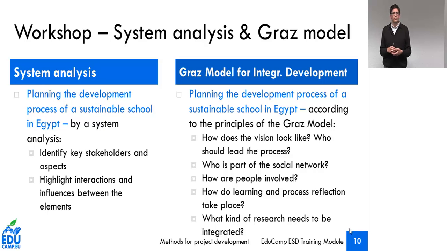And the other methodology, the Graz model for integrative development. Here you could, for example, try out the process of planning the development process of a sustainable school in Egypt again. So you can try this out, ask different questions within this process, think about the different impact factors, and it might support you in realizing your ideas and visions.